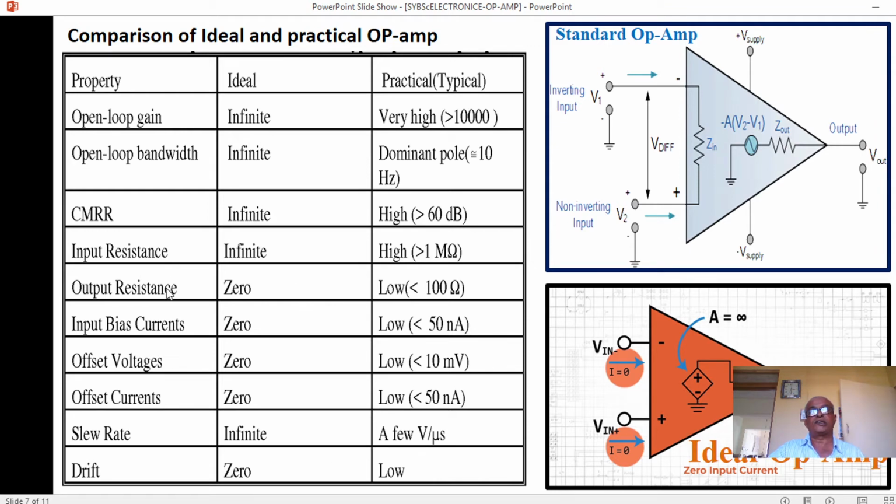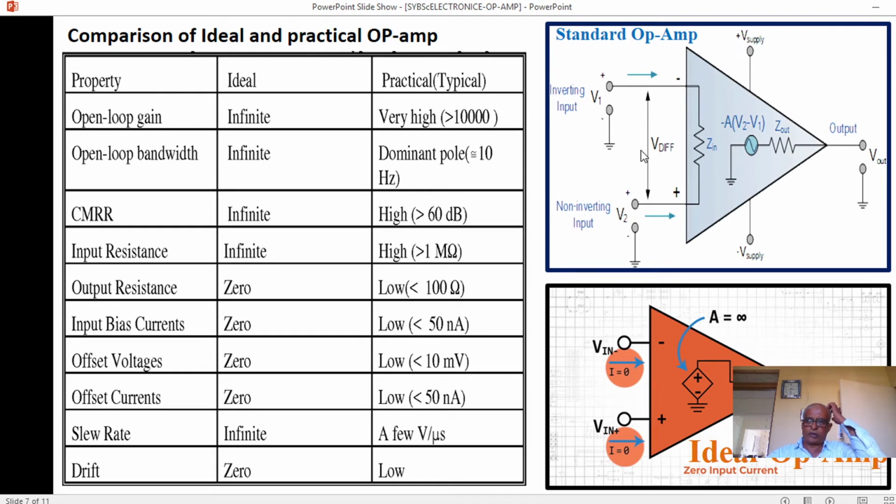For example, output resistance is assumed to be zero for ideal characteristics, but practically zero resistance is not possible. Some small value is there, generally less than 100 ohm, low but not zero. So whatever is zero for an ideal op-amp will have a low value in a practical op-amp, the limiting case to zero. And the quantities which are infinite for an ideal op-amp are very high but not infinite, the limit of infinity.